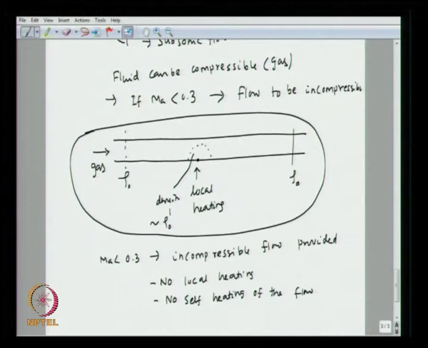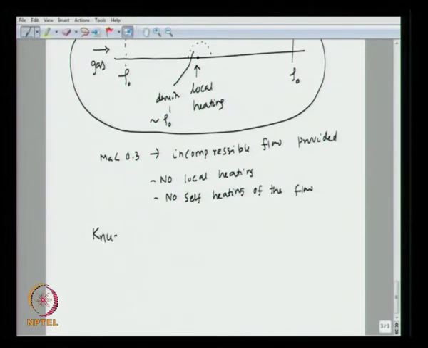So, with that we move on to talk about what is the Knudsen number, which is denoted by Kn. So Knudsen number is defined as the ratio between the molecular length scale, okay, the mean free path lambda and the length scale of the flow, okay.